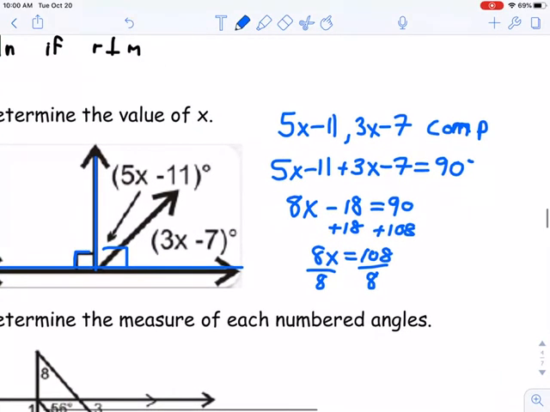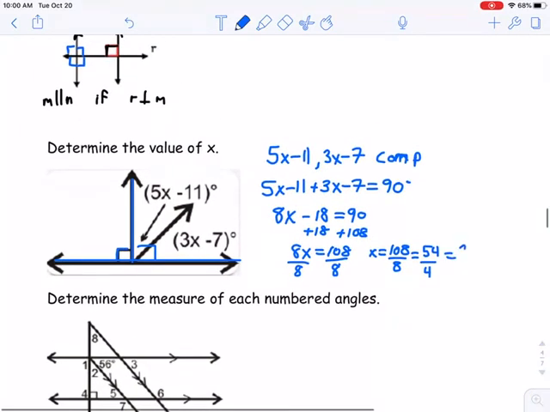Okay. So I'm going to get x equals 108 divided by 8, or I can say 54 divided by 4, or 27 divided by 2, or I could even say 13.5. Okay? So that's that.